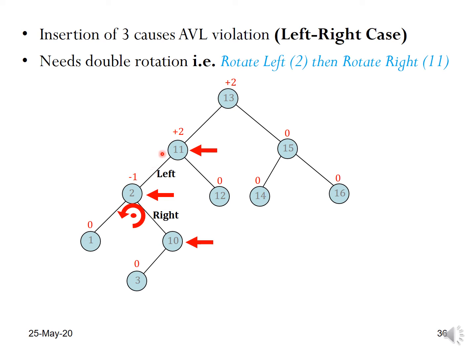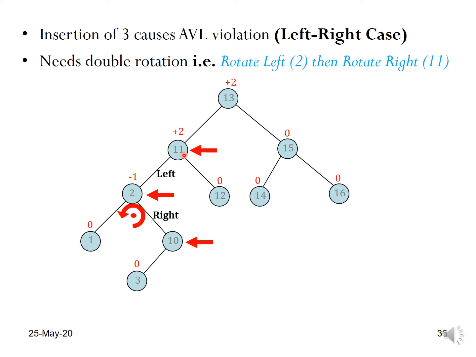The balance factor of 11 is 3 minus 1, this is plus 2. The balance factor of this 15 is 1 minus 1, this is 0, and the balance factor of this 13 is 4 minus 2, this is plus 2. So we can see there are two nodes with the balance factor 2. So it is imbalanced, this is not an AVL tree.